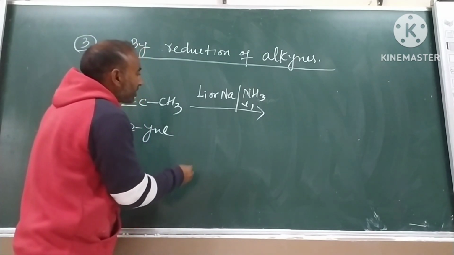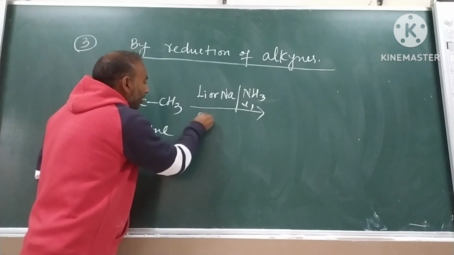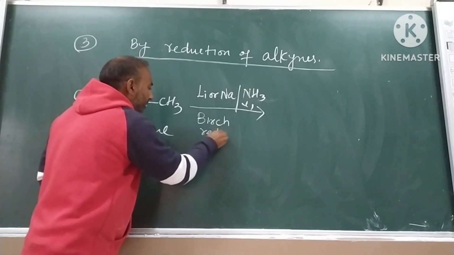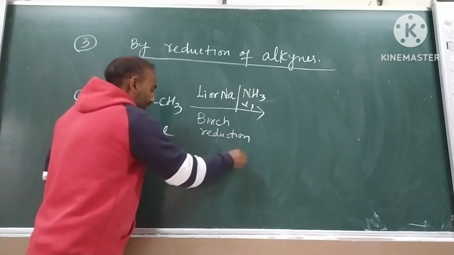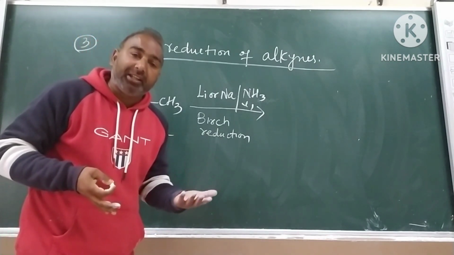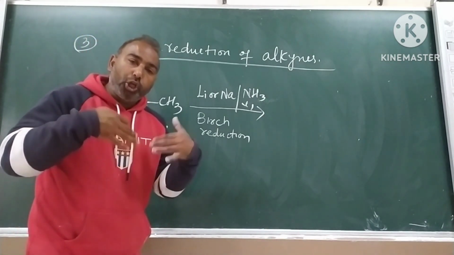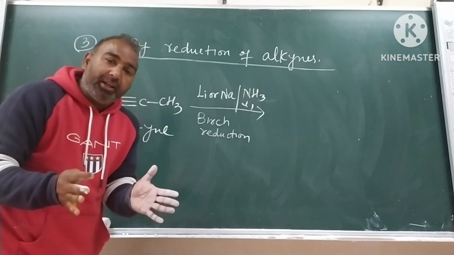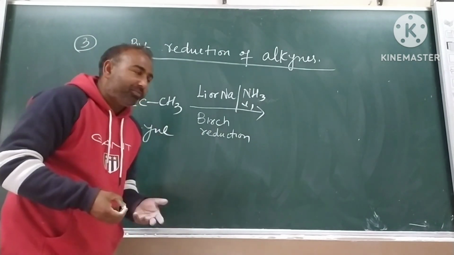This reduction is called Birch reduction, B-I-R-C-H. And remember, in this reduction we get trans alkene. The stereochemistry of the reaction is such that the trans alkene is formed predominantly.